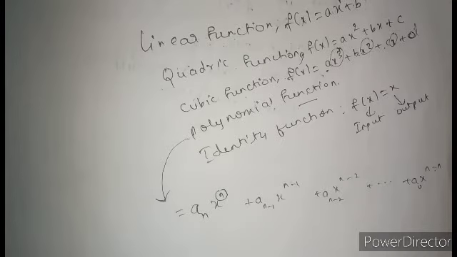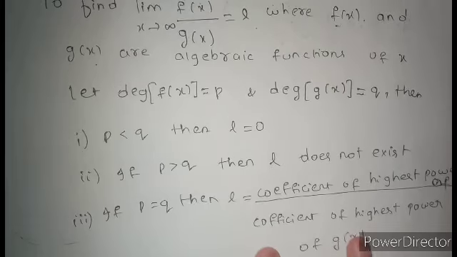If it contains a fraction, then it will not be a polynomial, okay? And if it is not a polynomial, then it is not an algebraic function, right? So this is all about algebraic functions.